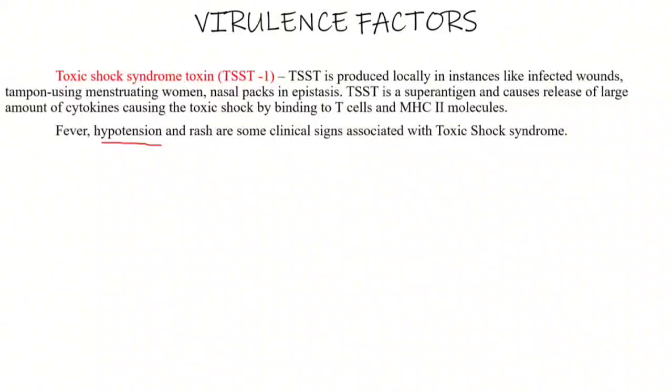So release of these toxins causes toxic shock syndrome, and it actually acts like a super antigen, activating a lot of T cells at the same time. Now this was very common before in women who were using tampons and nasal packing.